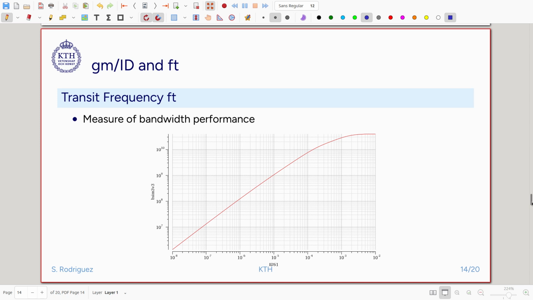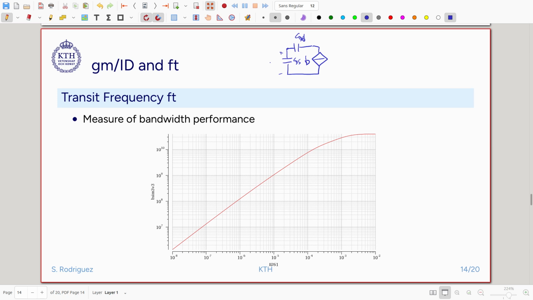And for the transient frequency, we're going to analyze very quickly when we have our transistor here. We're going to draw the transistor small signal model. It looks like this: CGS, CGD, sorry, CGS.